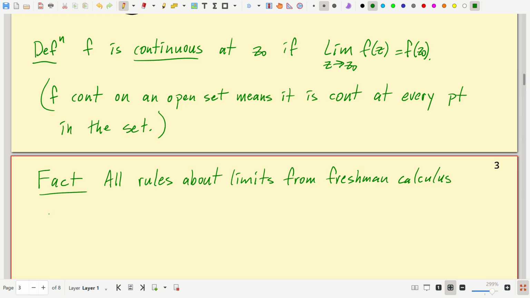So freshman calculus, R to R, carry over C to C. And not only that, but with exactly the same proofs.